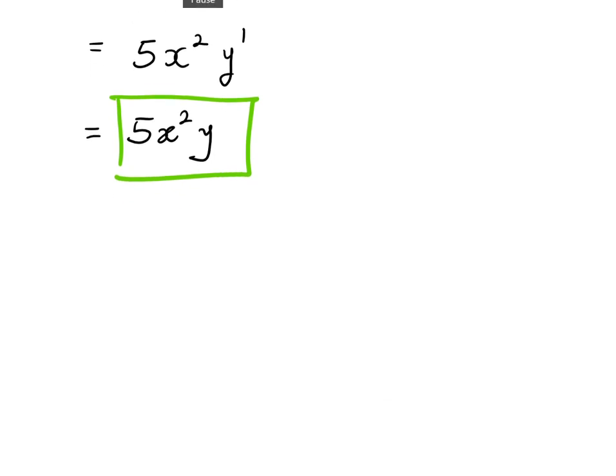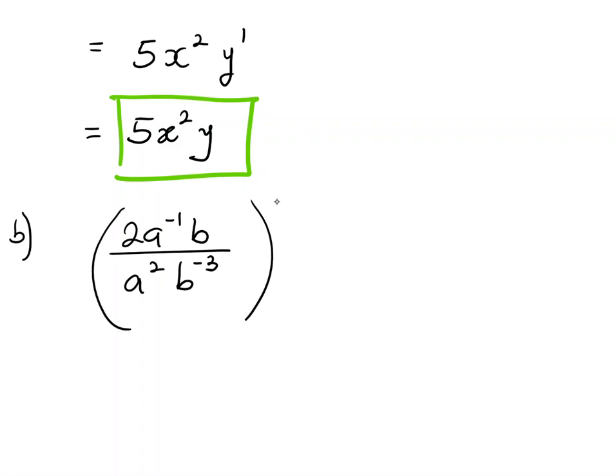And lastly, let us consider this example: 2a raised to power -1 b divided by a squared b to the -3, then everything raised to power -3.